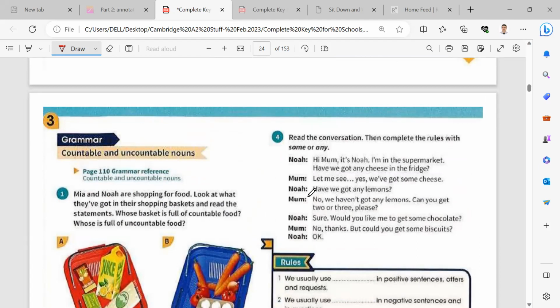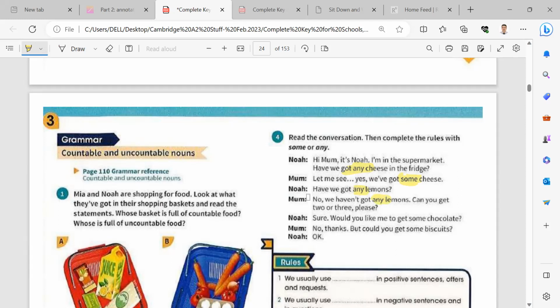It's Noor. I am in the supermarket. Have we got any cheese in the fridge? Let me see. Yes, we have got some cheese. Have we got any lemons? No, we haven't got any lemons.